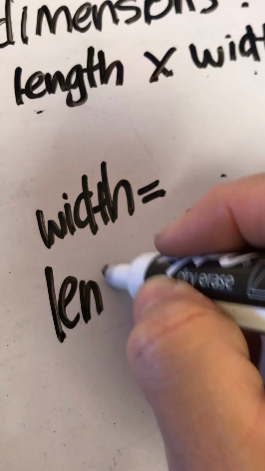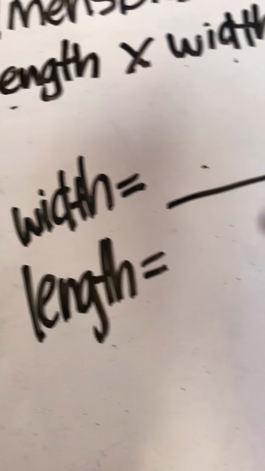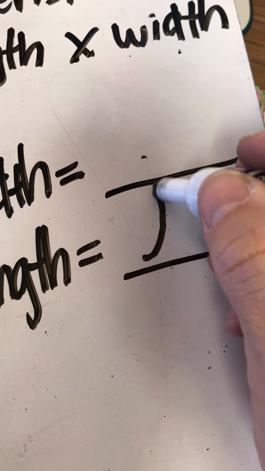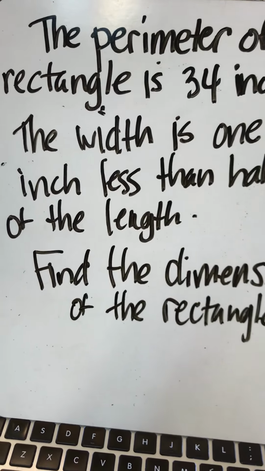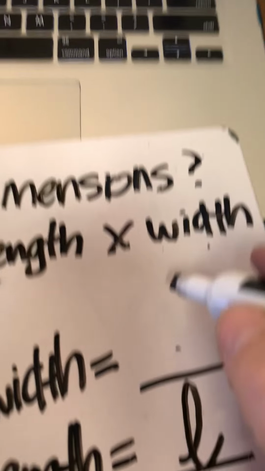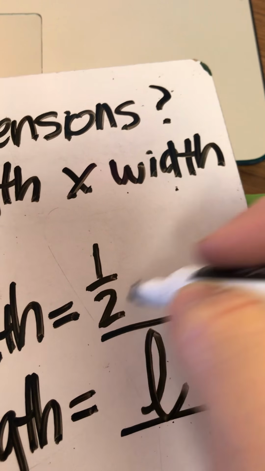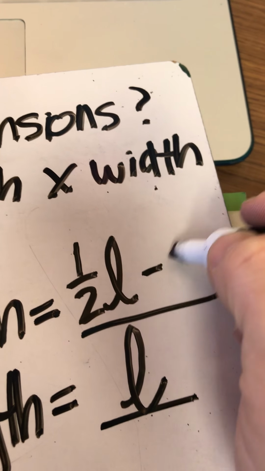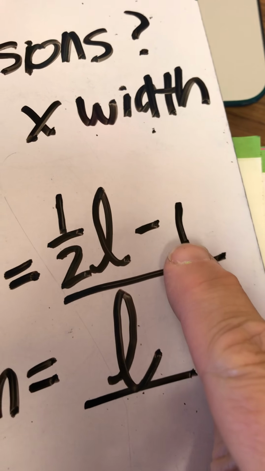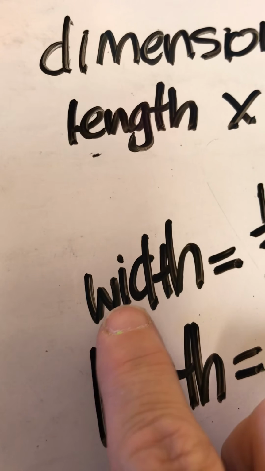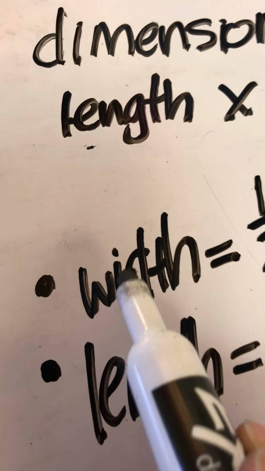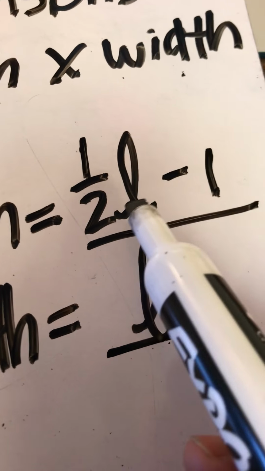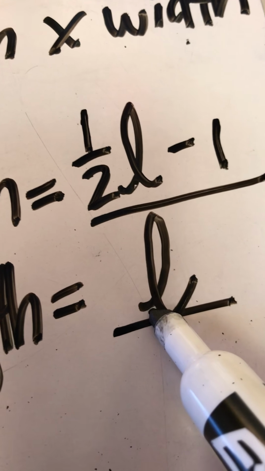My length, they didn't give us any clues really about the length, so I'm just going to call the length L. Back to the width. It says it is 1 inch less than half of the length. So if I take half of the length and I subtract 1, that's what the width is. That's really crucial. I've defined my width and my length using the same variable, in this case the L and the L.